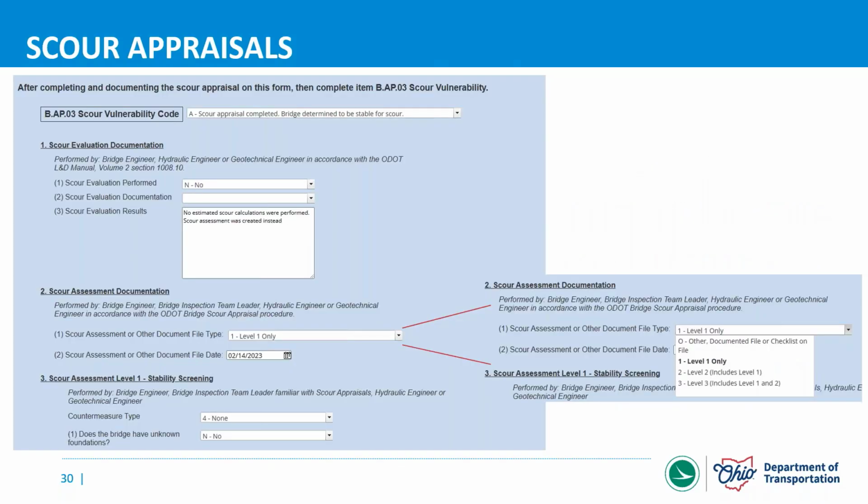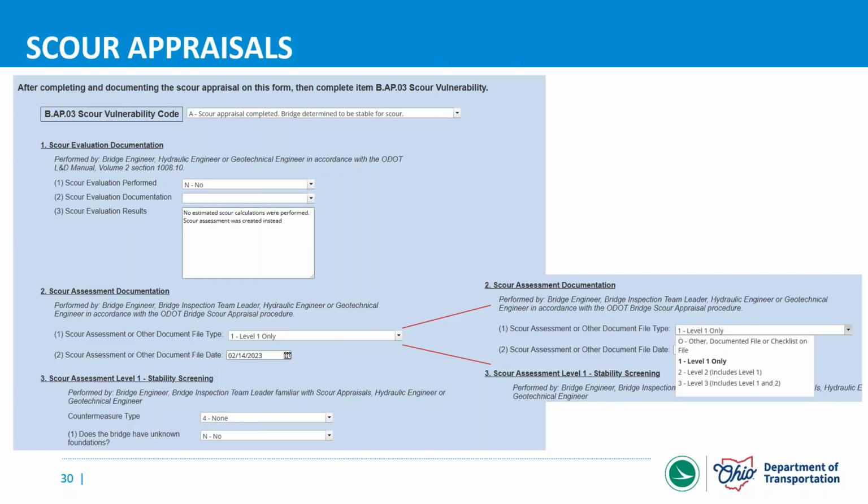So, showing you how to properly fill this out, right? If you have a standalone scour evaluation as part of your appraisal, that's this number 1 here, and everything there will be uploaded and filled in based off of that standalone scour evaluation. But if you don't have an evaluation and you have an assessment, that's where you get down to number 2.